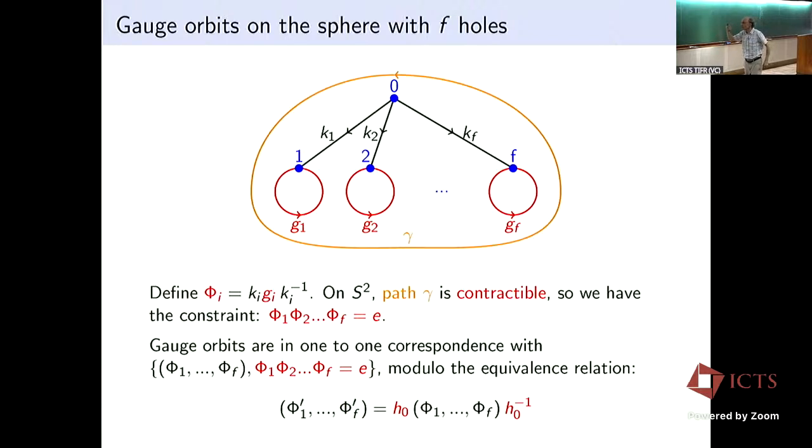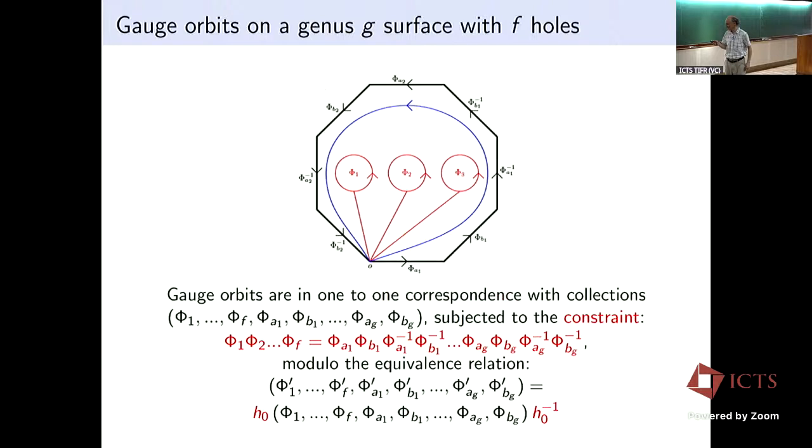Actually, Julien has done this on a computer. You can really enumerate those orbits very efficiently, but you don't get that way obvious, elegant formulae to do the counting of the orbits. That was my problem 20 years ago, but I knew nothing about fusion categories again. You can also work out these gauge orbits on a genus g surface with F holes.